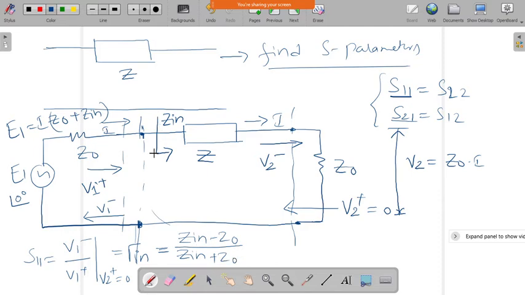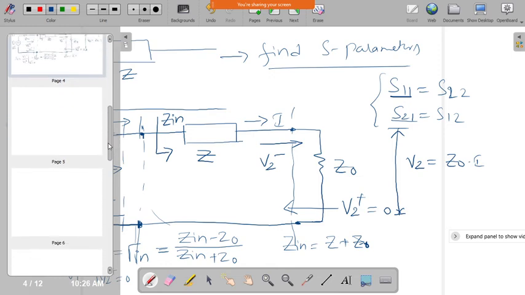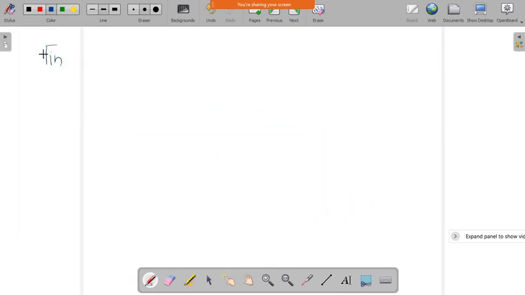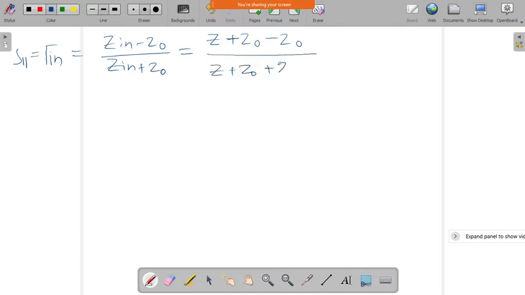Now if I look at this point, the equivalent impedance of this network from this point is Z plus Z0, so we can replace Zin with Z plus Z0. Now the input reflection coefficient, which is S11, is Zin minus Z0 divided by Zin plus Z0, which is Z plus Z0 minus Z0 divided by Z plus Z0 plus Z0. This gives Z divided by Z plus 2Z0.